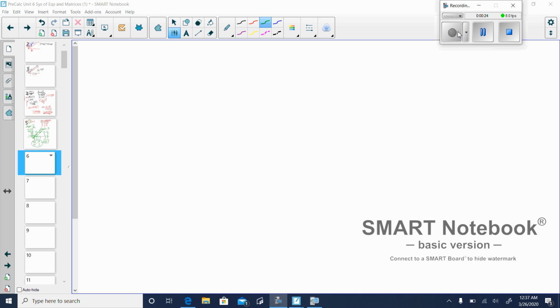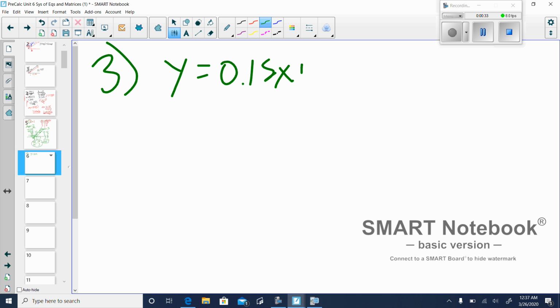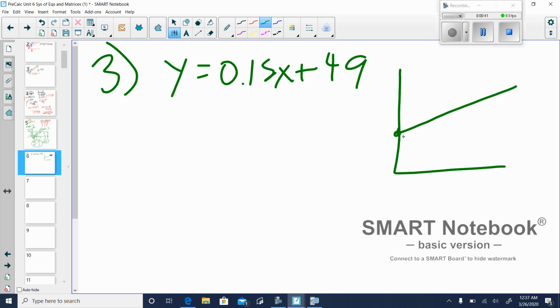Number three, and the reason why we have to have some strong thinking is because number three gets us into money. We have two cell phone plans. All right, Angela's plan is represented by this equation. Benjamin's plan is represented by this graph. Here's the thing though.